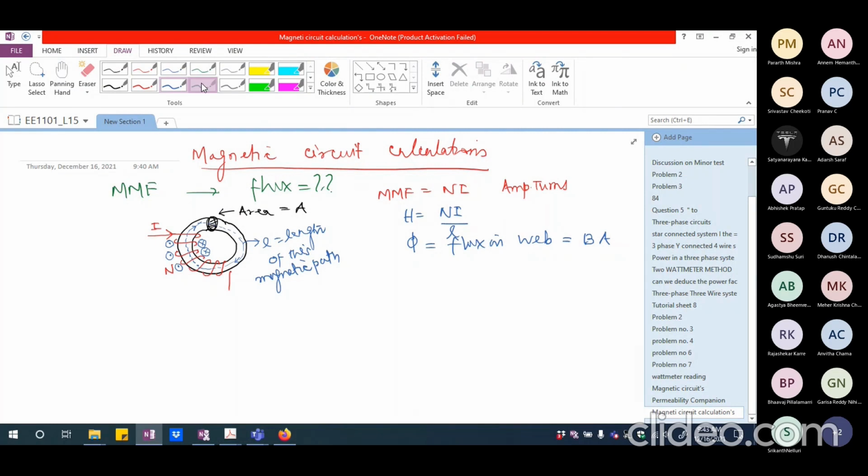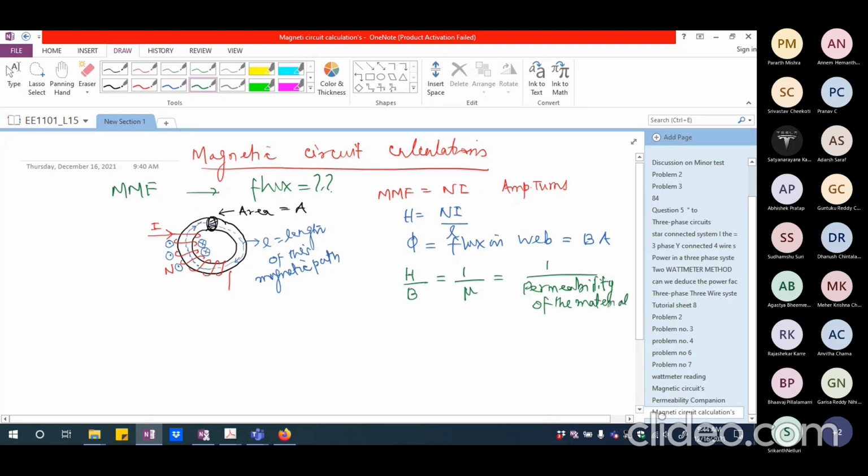So H divided by B should be equal to 1 by mu, where mu is the permeability of this material. So this is 1 divided by the permeability of the material.